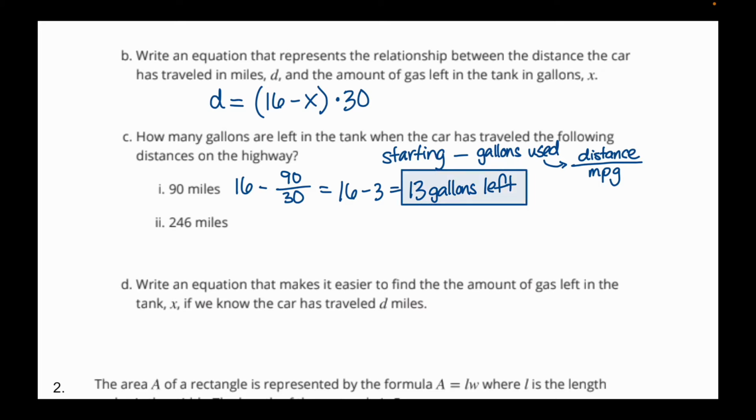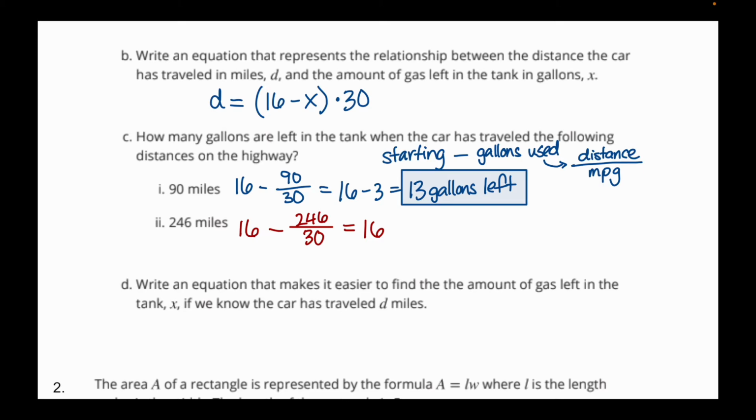And we're going to use the same strategy on the next one. I'm just going to change my pen color so you can see what work goes with which question. So if it's 246 miles, I am still going to start with the starting amount of gallons, and I'm going to subtract that 246, but not the miles. I want how many gallons those miles used. So we got to divide that by 30. So we're going to have 16. And then this, from what I remember, does not come out to a nice even number. So let's plug it into a calculator.